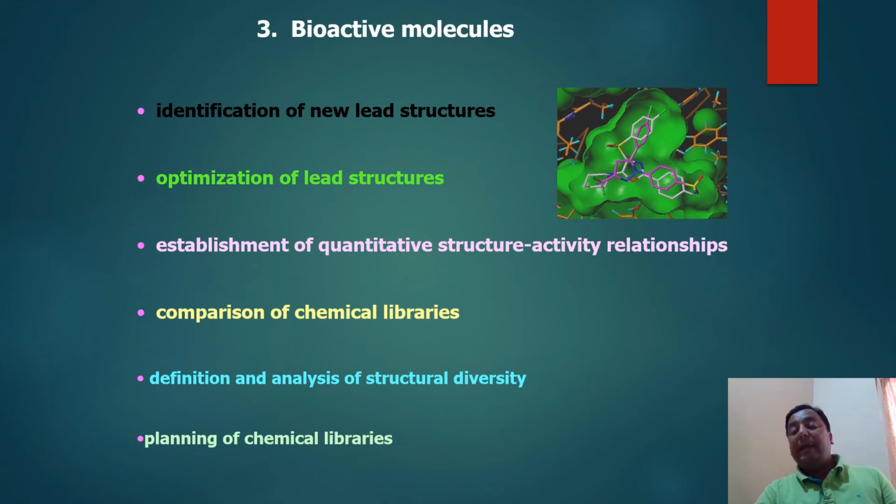And then make a good structure activity relationship between those predictions and the observed biological response. So this is the structure activity relationship, where we are mapping how the structural properties are responding to the biological activities.